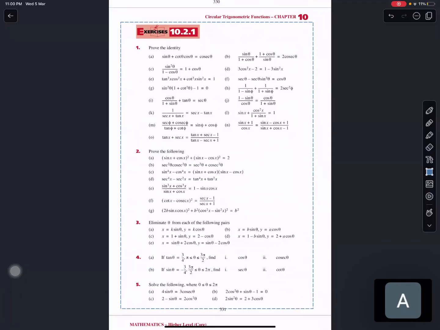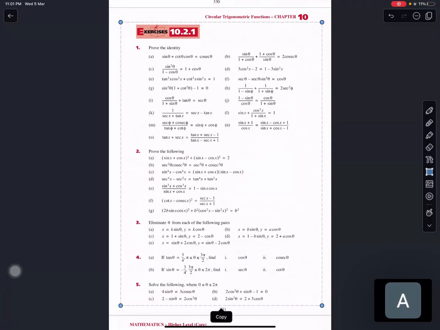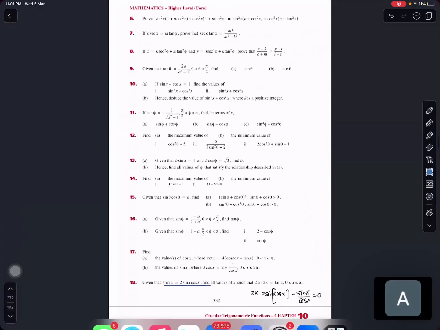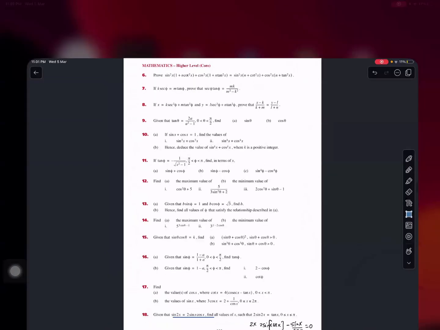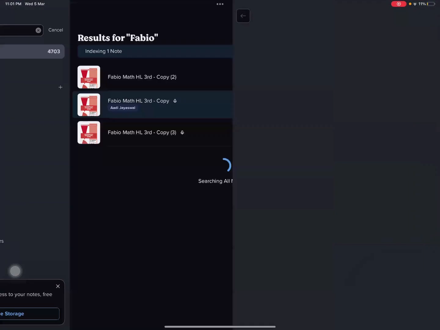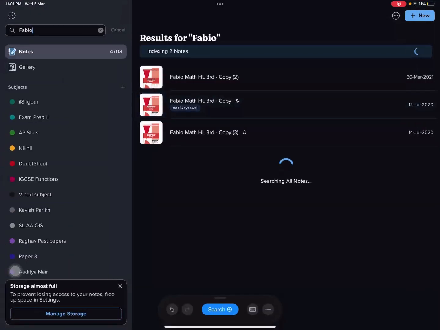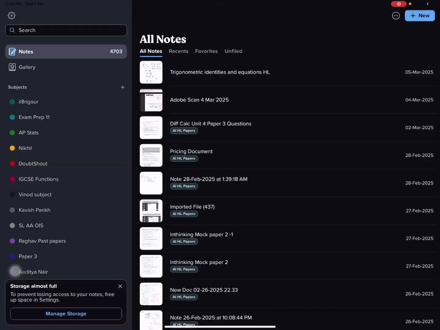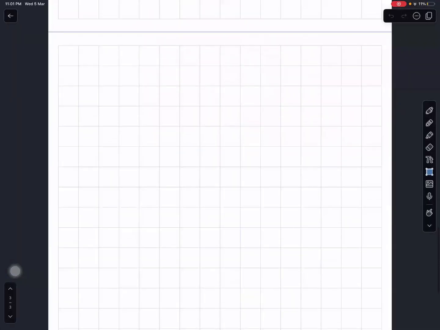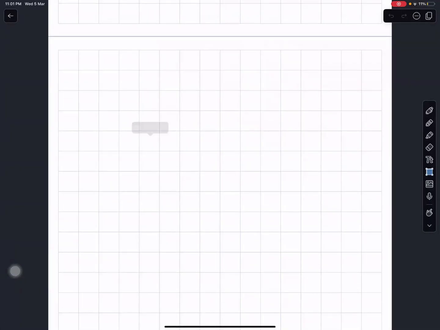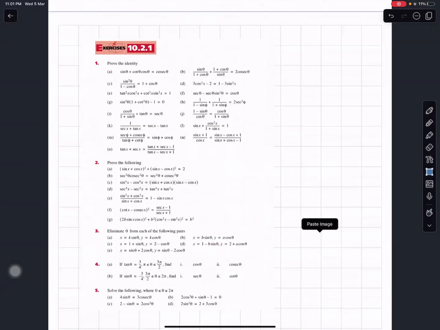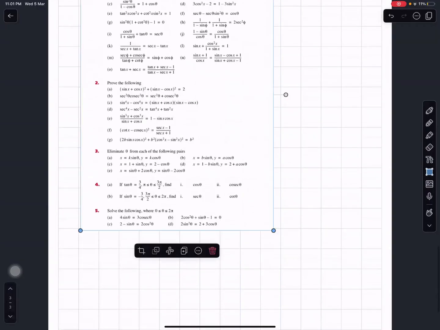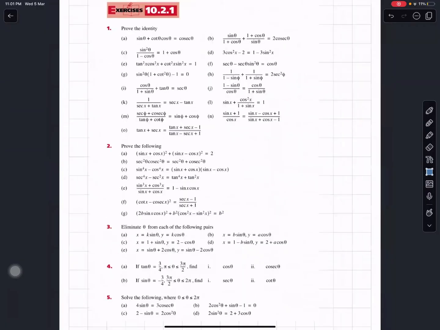I don't have the book with me now, but no problem, I will send it to you. I'll put it in the file which I'm creating for you, so that you can have a look. No, I have the PDF. Wait, I'll just open it myself. Yeah, 10.2.1, all the questions.